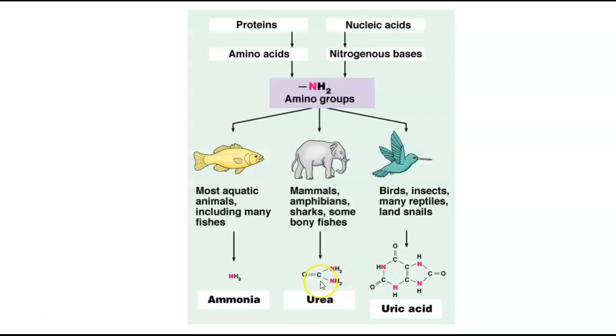It's also got carbon and oxygen. And then birds, insects, and reptiles convert it to something called uric acid, which has nitrogen as well. With urea, it's a lot less toxic, and uric acid is less toxic as well. And there's different reasons why they convert it into each one.